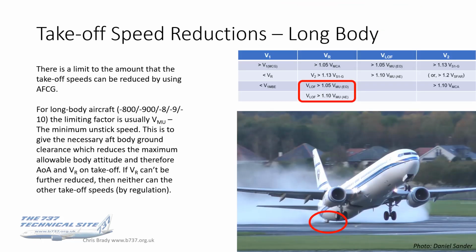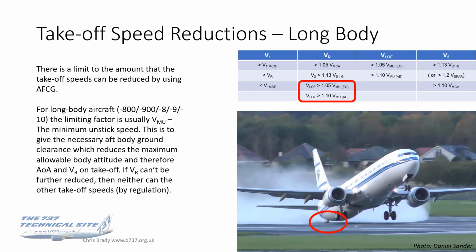Okay, so I mentioned this before. Let's cover this in a little more depth now. There is a limit to the amount that the takeoff speeds can be reduced by using the alternate forward CG option. Now, for long-body aircraft, and by that I mean 8-900s or the 8-9-10 on the Maxes, the limiting factor is usually VMU, which is the velocity for minimum unstick.